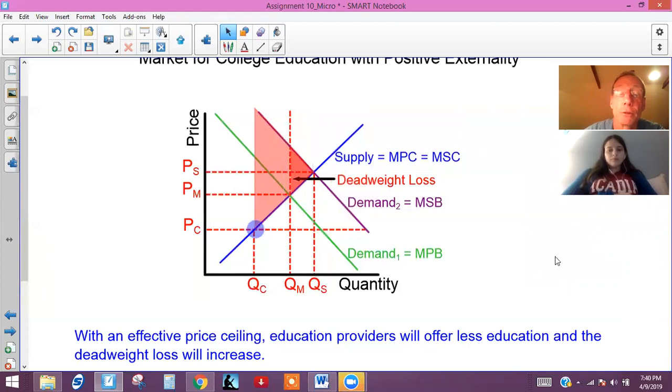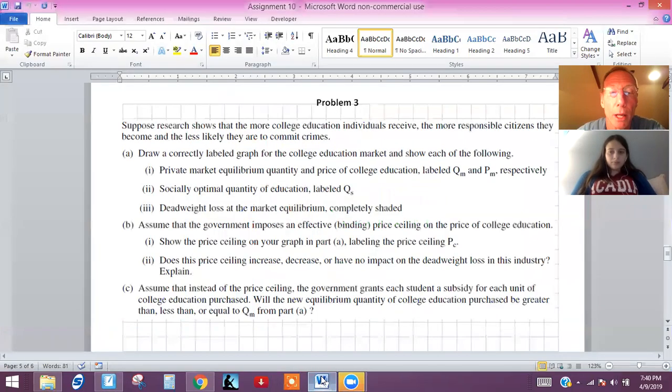Much larger. So the answer is it increases with this effective or binding price ceiling, as you can see on the graph. Let's see what else. So we know that the deadweight loss is going to increase, and we know why.